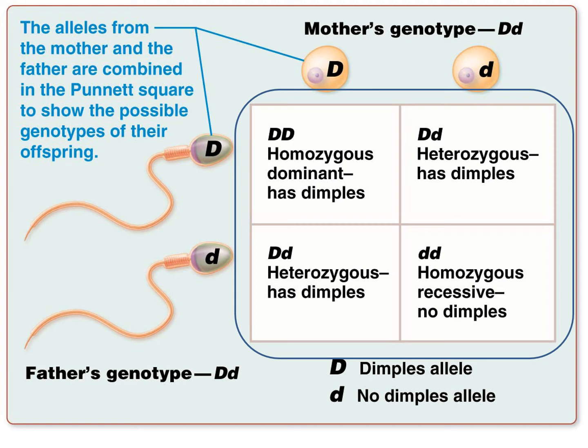In the very top we have the mother's genotype, and this mother's genotype is heterozygous because she has a dominant gene, big D, and a recessive gene, little d. Having dimples is dominant with big D, lack of dimples is recessive with little d. So the mother is heterozygous, big D, little d.